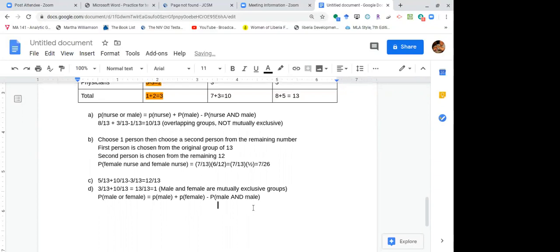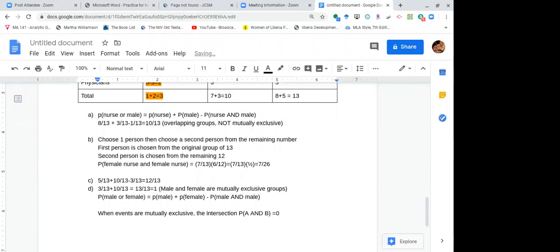So a little bonus question, because I can see him doing something like this. When events are mutually exclusive, the intersection, that is the probability of A and B, is equal to 0.